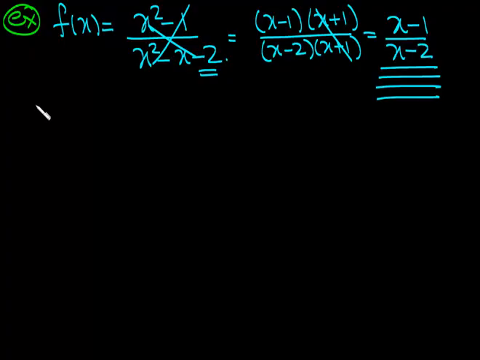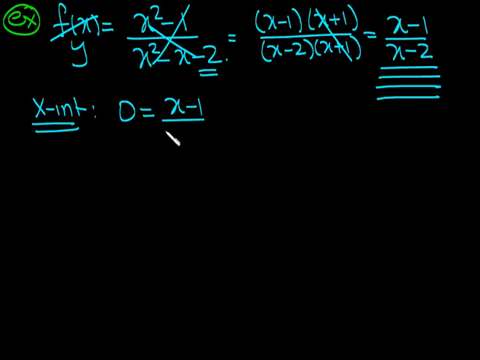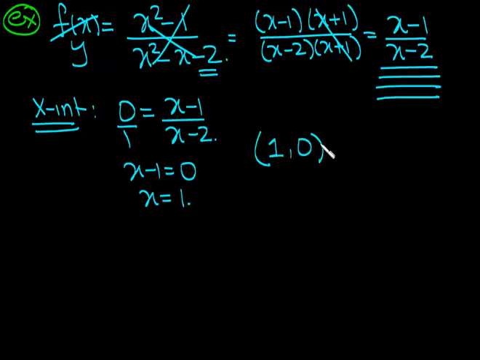So let's graph that. So let's find the x-intercept. How do I find the x-intercept? We take our y value, and we set that to 0, so we get x minus 1 over x minus 2. We cross multiply, so we get x minus 1 is 0, so x is equal to 1. So my x-intercept is 1, 0. To find the y-intercept, what do?